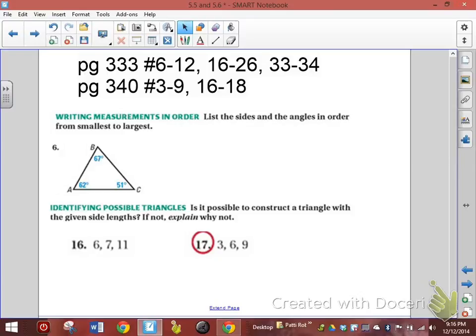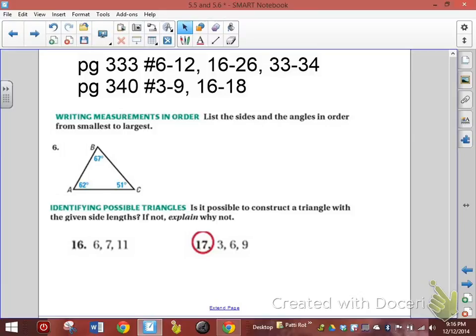On page 333, number 6, it says list the sides and the angles in order from smallest to largest. Not that students had trouble with this, but on number 6, see how they give you the 3 angles? Since I already give you the angles, I trust that you know that 51 is smallest, so angle C would be the smallest, and so on.